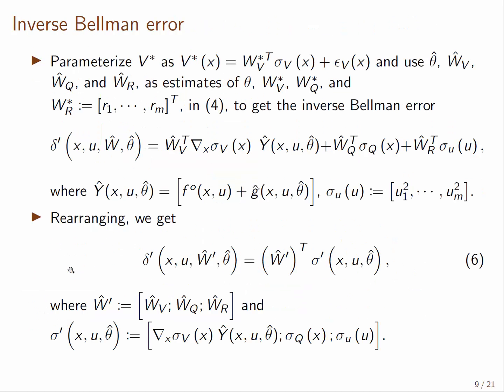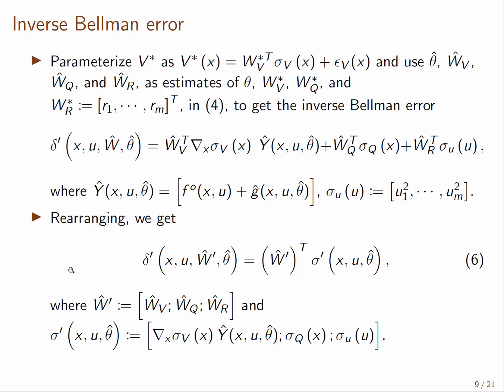So we're going to represent the optimal value function using another neural network as W sub V star transpose sigma sub V plus epsilon sub V, where epsilon sub V is a function approximation error which is bounded on a compact set. Sigma sub V are basis functions, and W sub V star are ideal weights.